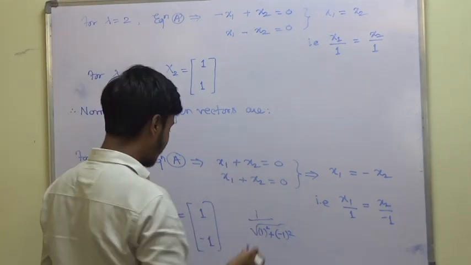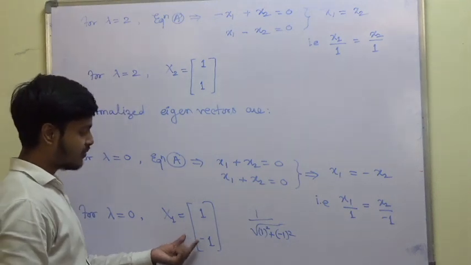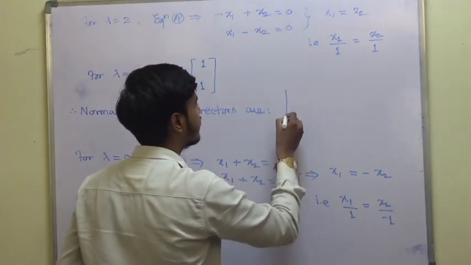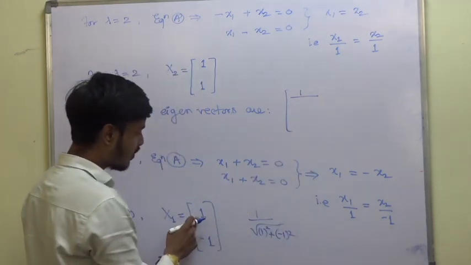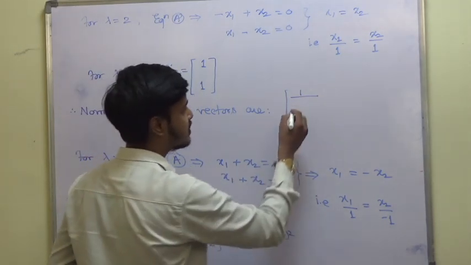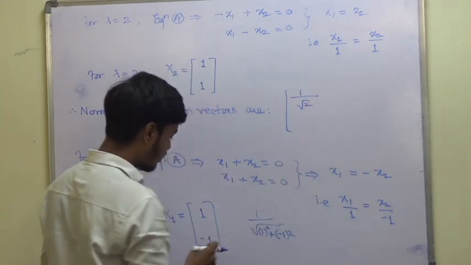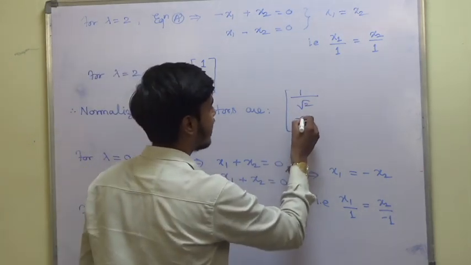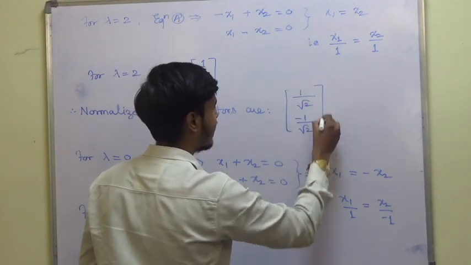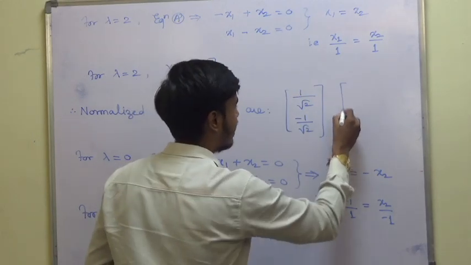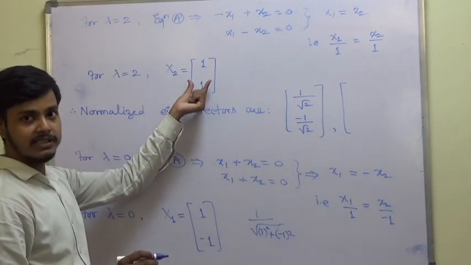Okay. So what is the eigenvector for lambda equal to 0? Yes. What is it? 1 upon under root of 1 plus minus 1 square. So this is root 2. And what about for this? For this, minus 1 upon root 2. So we got the eigenvector. This is the first one. And what about the eigenvector for this?